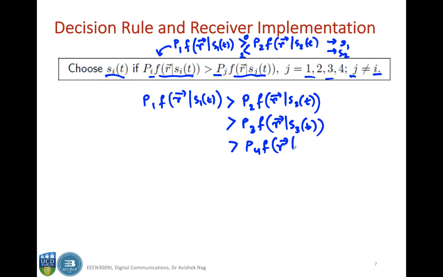Basically, if P1 times this term is greater than all the other terms except one, so these are all your j's. In this case your i is 1 and your j's are 2, 3, 4.